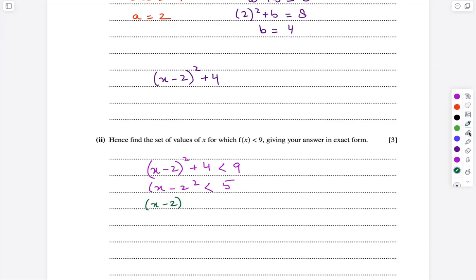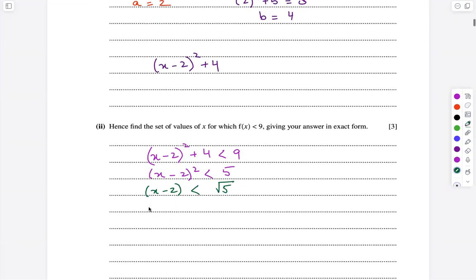So we can write this as x minus 2 is less than the square root of 5. Now, with the square root sign, we get a plus and minus. So we can write x minus 2 is less than plus minus root 5.